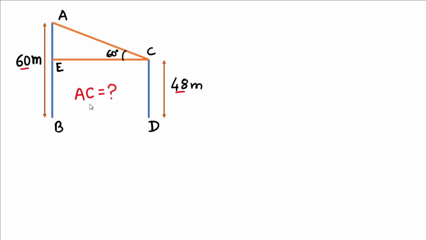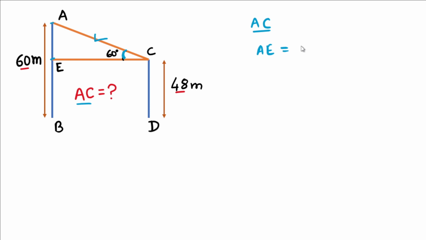Friends, we have to calculate the length of AC. For calculating the length of one side, we have been given one angle, angle C, and we can calculate the value of AE. So we have one angle and one side. The value of AE is obtained if we subtract CD from AB.